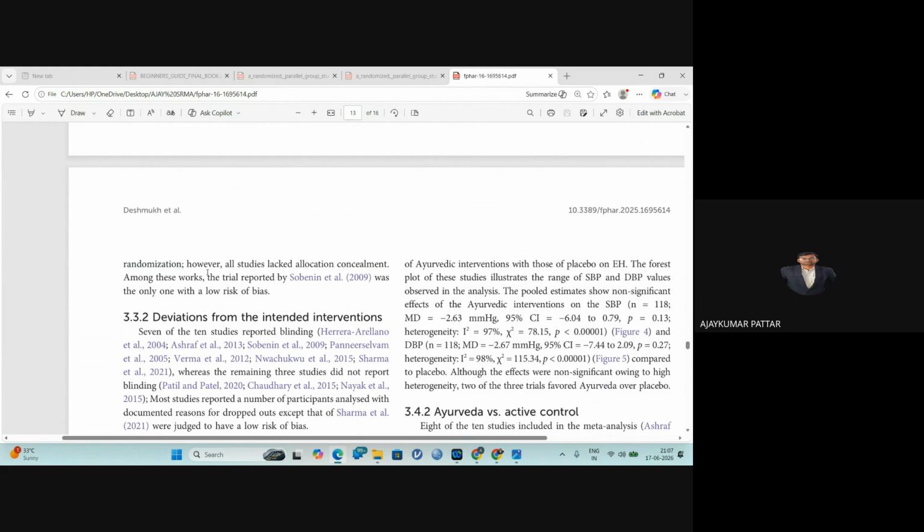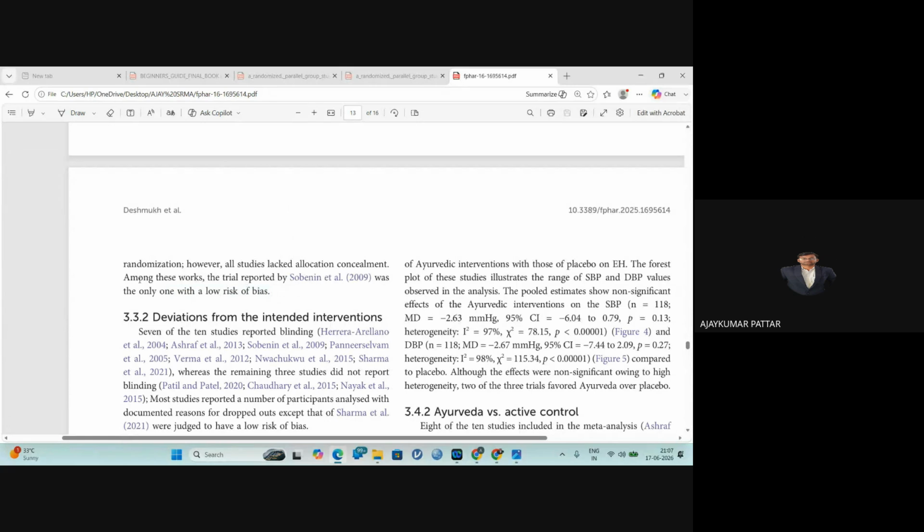However, all studies lack the allocation concealment. So these things only we have seen in the risk of bias tool.